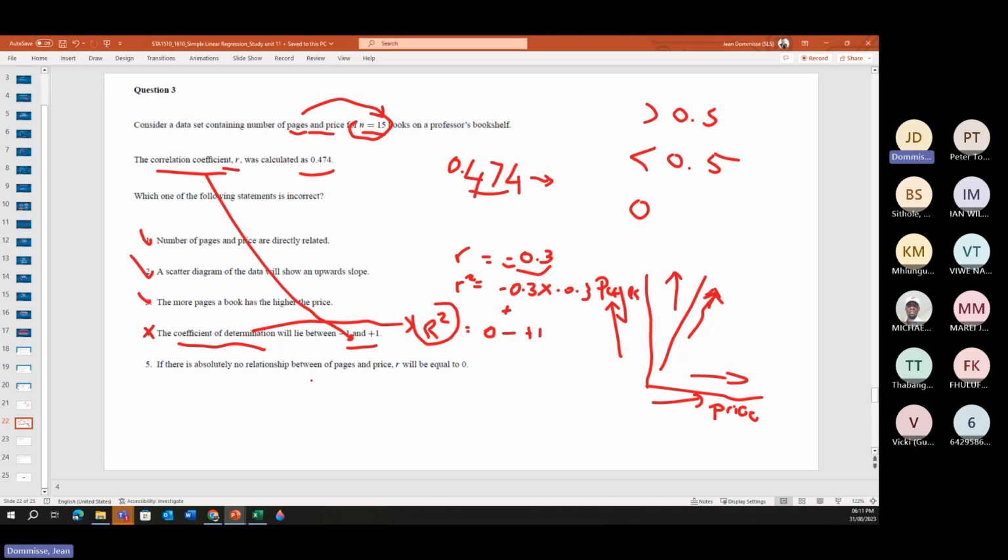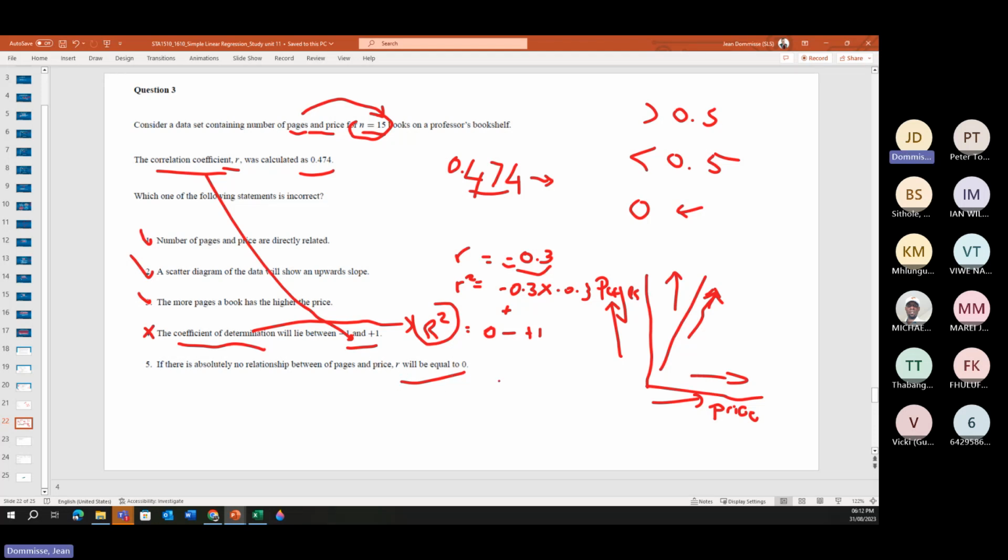And then the last option: if there is absolutely no relationship between the number of pages and price, r will be equal to 0. And that was also what we set up top. No relationship, it will be equal to 0.